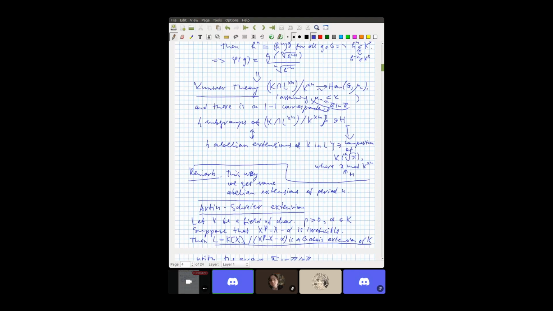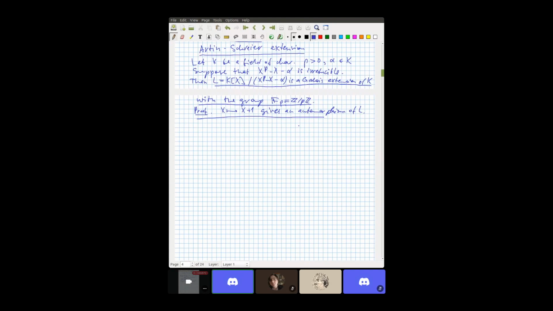Here we had a correspondence between certain subgroups and abelian extensions of this kind. So let me state this way.